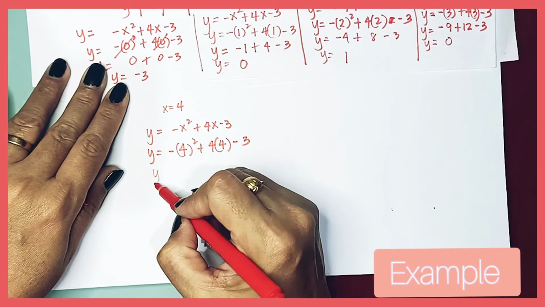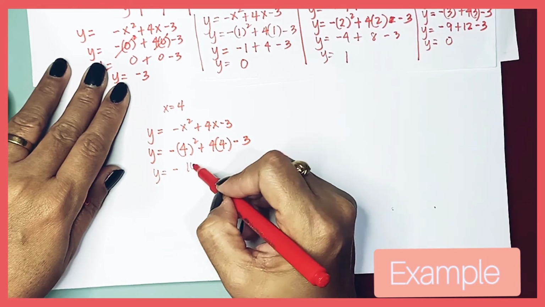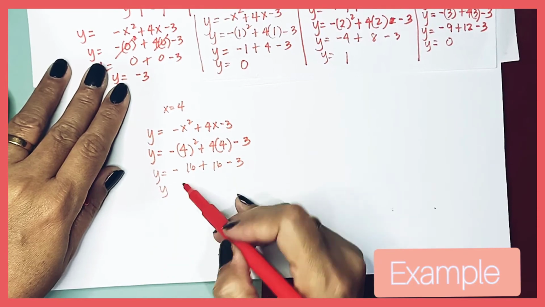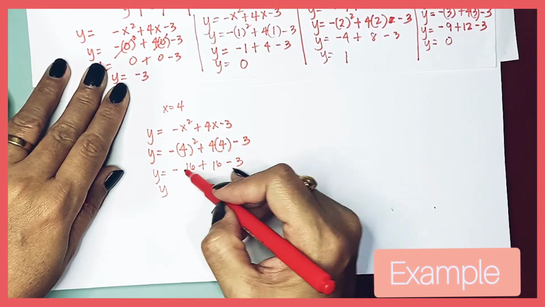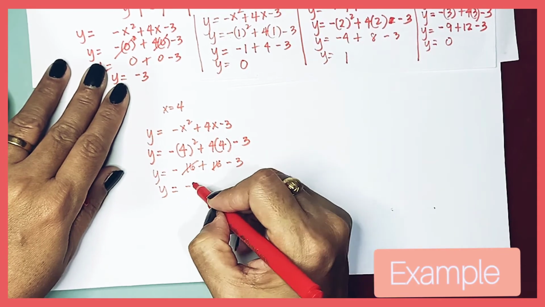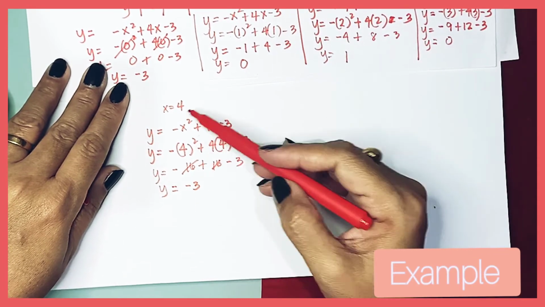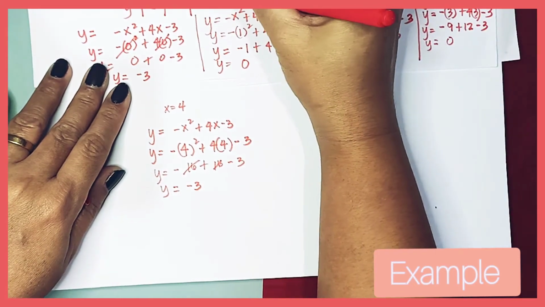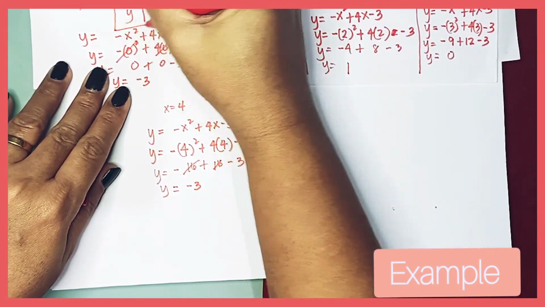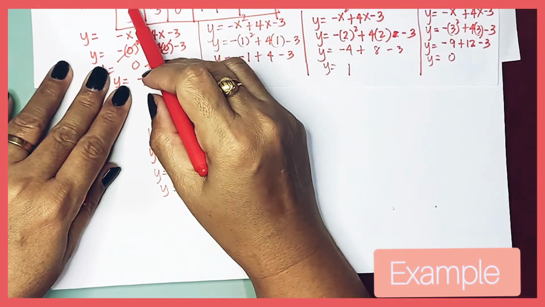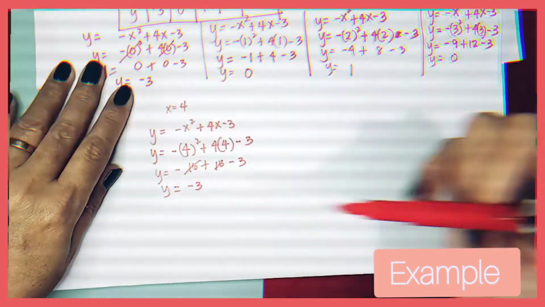So this is y is equal to negative 16 plus 16 minus 3. Negative 16 plus 16 is equal to 0. So therefore, your value of y is negative 3. So if your x is 4, your y is negative 3. So this is now our table of values with our x and our y.